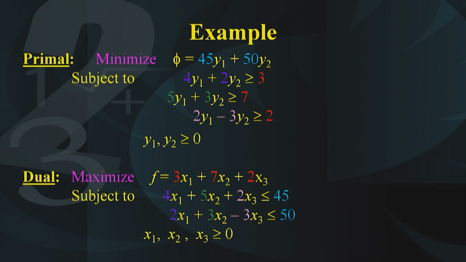Similarly, the coefficients of the objective function have become the coefficients of the right hand side of the dual. Similarly, the right hand side of the primal have become the coefficients of the objective function in the dual. Also, the inequalities have been reversed, that is, in the primal we had the greater than equal to inequalities, whereas in the dual we have the less than equal to inequalities. Also, the Aij matrix has taken its form as that of a transpose.